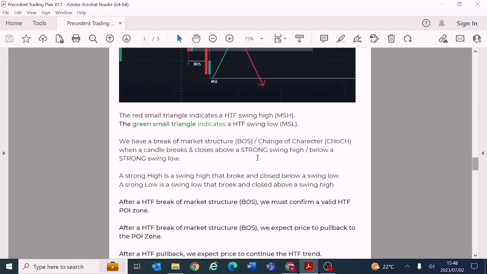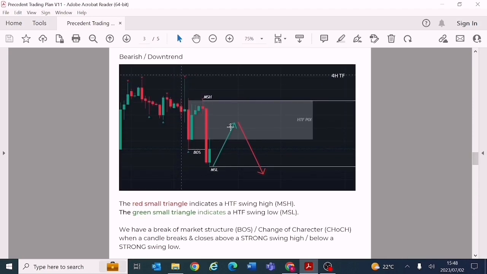Okay, so a strong high is a swing high that broke and closed below a swing low. All right. So this is a strong high. Why? Because it broke this low here.